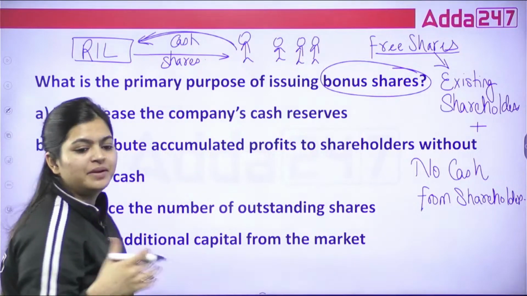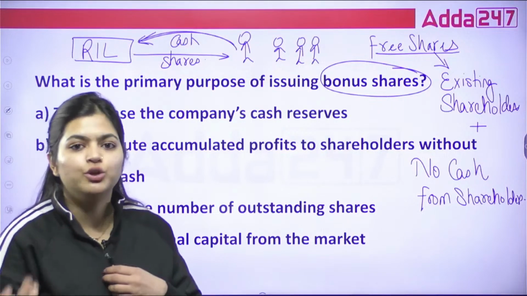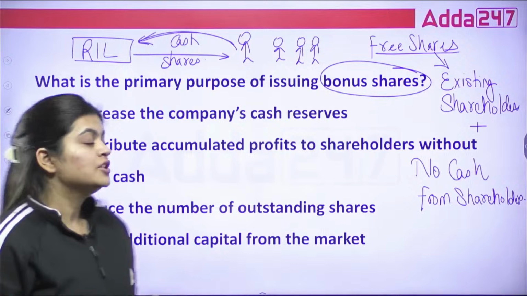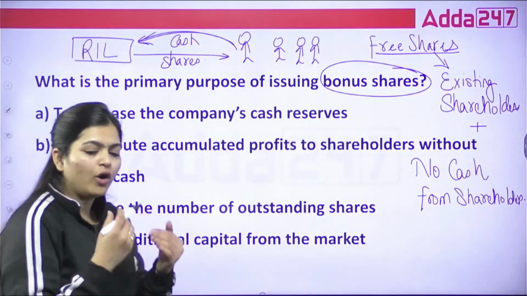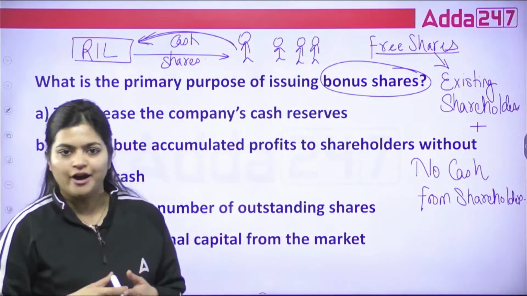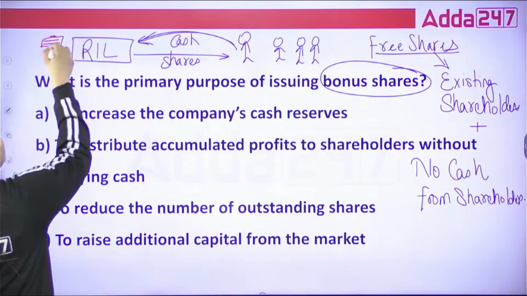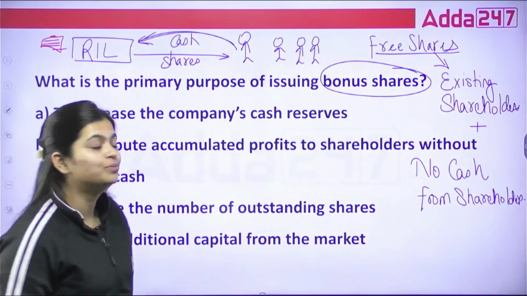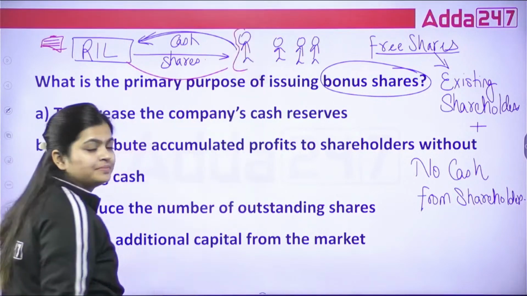Now after 1 month, 2 months, you become an existing shareholder. You are not new, you are existing. You are with that company, holding their shares. So Reliance Industries decides that whatever reserve it has, let's distribute it to these existing shareholders.